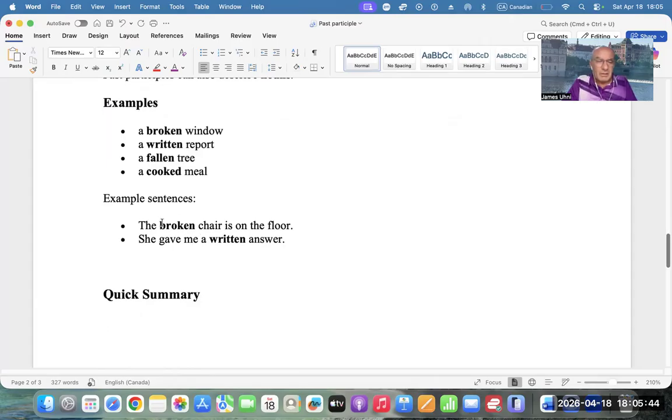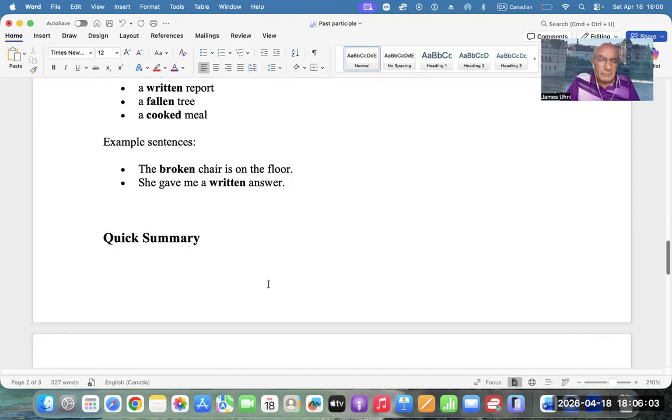Example sentences. The broken chair. Broken is an adjective. She gave me a written answer. Written is adjective. It could be deleted answer.